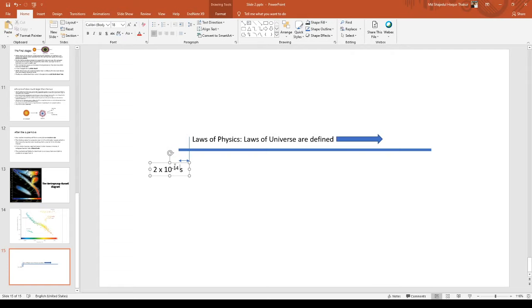But what happened before then, why the laws of physics are what they are, why we are here, what our purpose is, these are philosophical questions that science has not been able to answer.